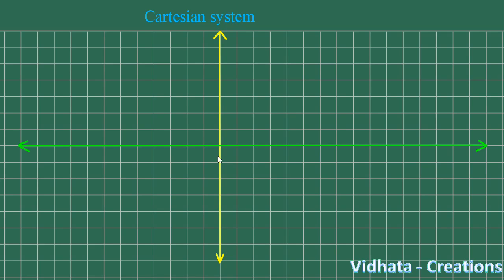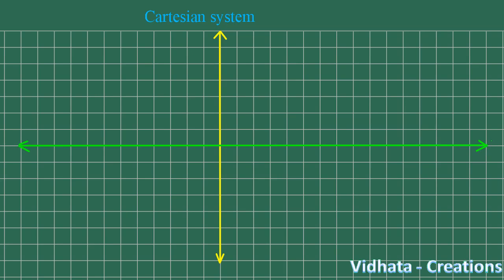The Cartesian coordinate system consists of two lines. But what type of lines? These lines are number lines. You are aware of the number line? If you consider this horizontal green line, then this is called the x-axis.